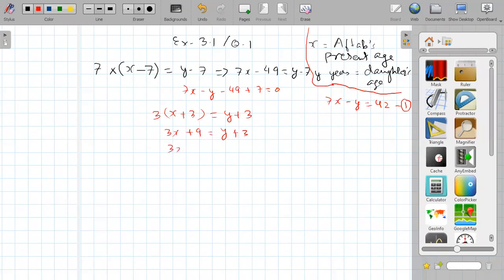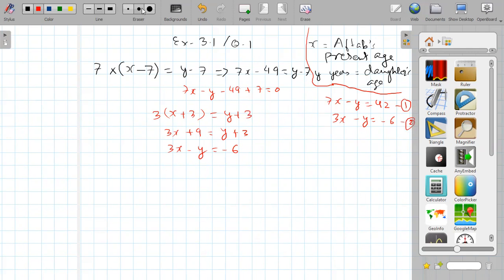So we get 3x minus y is equal to minus 6. So we get the second equation, 3x minus y is equal to minus 6. This is the algebraic representation of the situation.